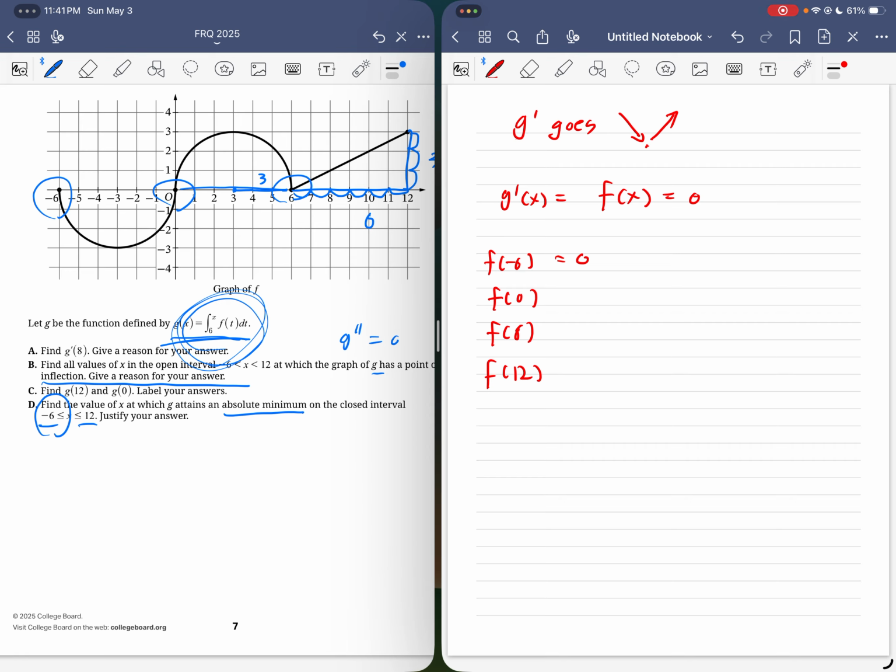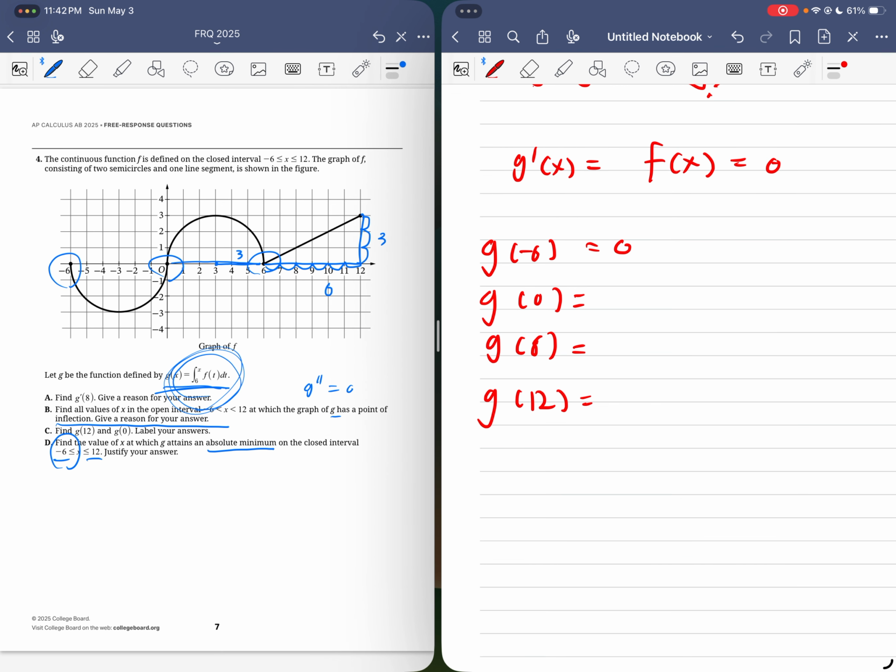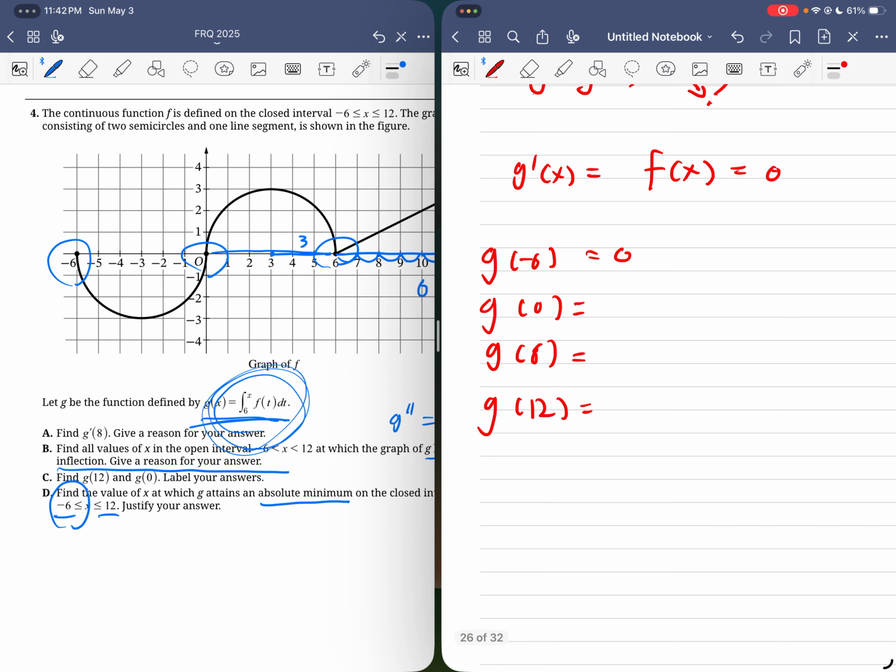I think it's better for me to write the G, because you actually have to plug in the original value. Because you want to find the original, you have to plug back into the original function. But this time we don't have a function, we have a graph, so we are just trying to figure this out from the graph. So after you find these numbers here, we are just plugging them in.